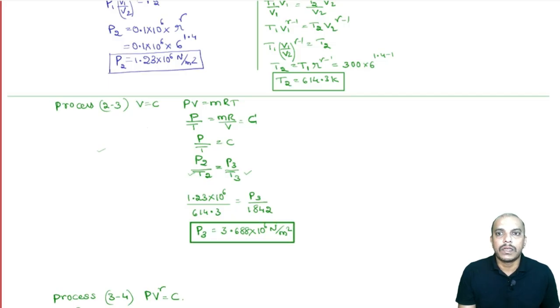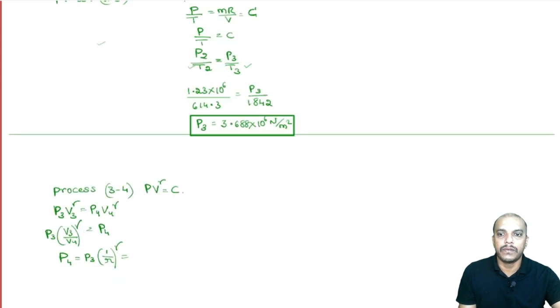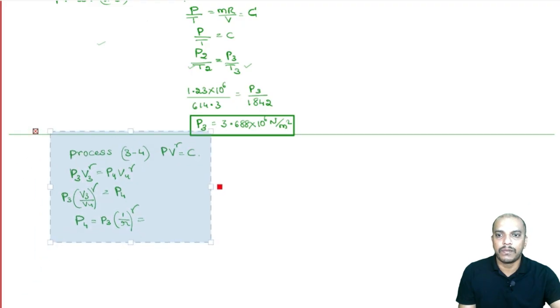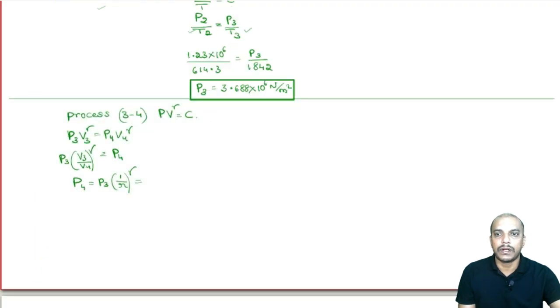Now, let us go to process 3 to 4 and try to find out what is required. This is where we had come back because we did not know the value of P3, correct? Now we have the value of P3, so we should be able to find out P4 as well as T4. P3 is 3.688 into 10 power 6, and the value of r is 1 by 6 whole power 1.4.